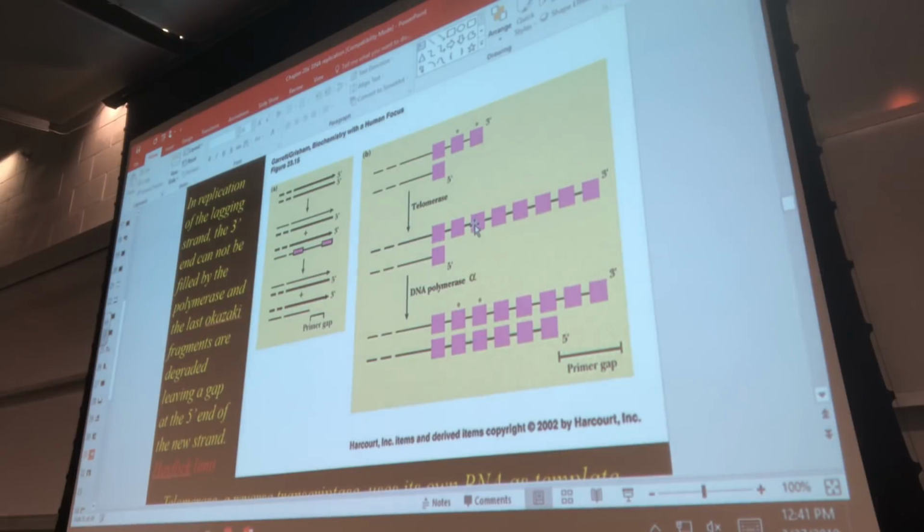Well, the telomerase just extends the telomere. DNA polymerase alpha then adds a primer to the newly extended part and then finishes replicating it. I believe DNA polymerase alpha, if you scroll back up there, you will find it has its own primase activity. Well, look at that. It's using its own primase activity to finish replicating the lagging strand.